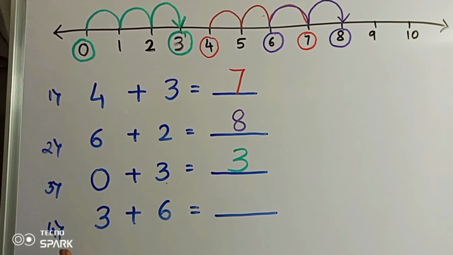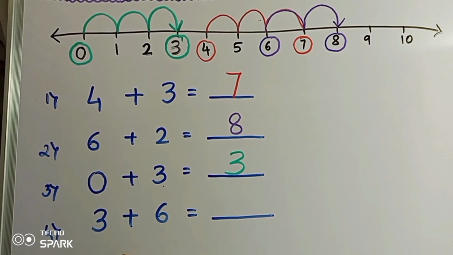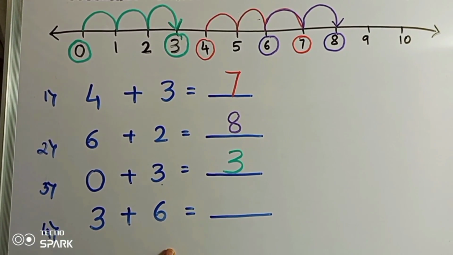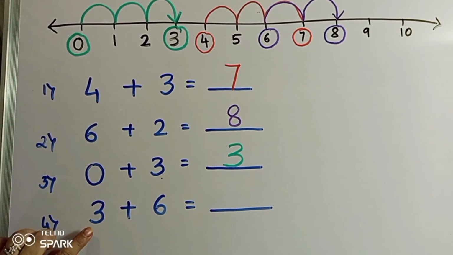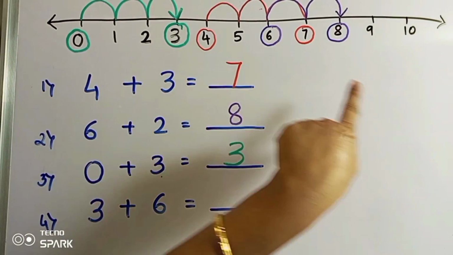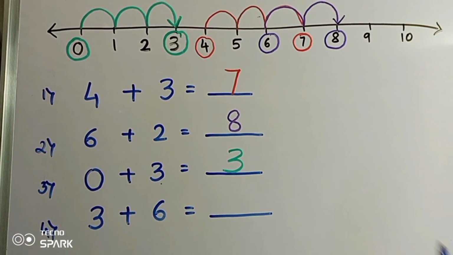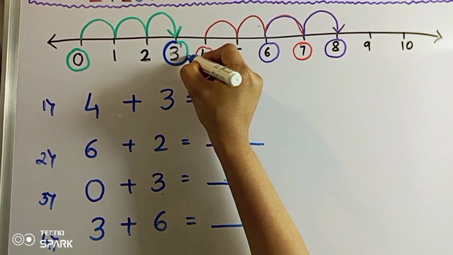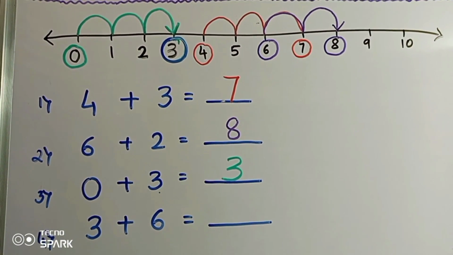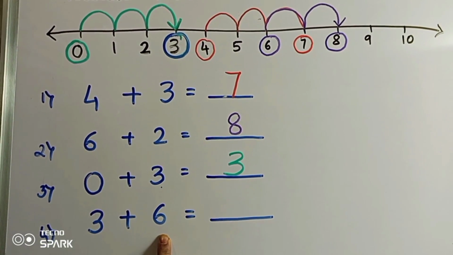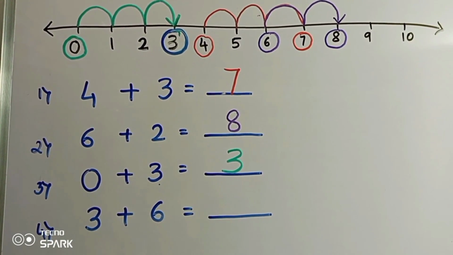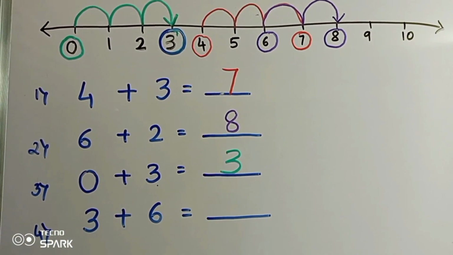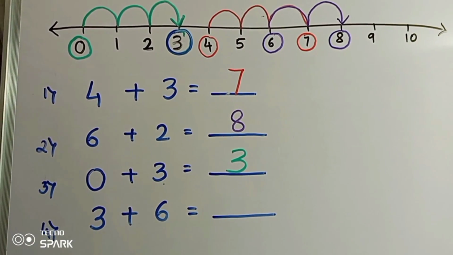Okay. So, the next example given here is 3 plus 6. So, we basically need to find the sum of 3 and 6. So, the first number is 3. So, ask children to find number 3 on the number line. So, here is number 3. Okay. And then second number is 6. So, we will ask children to take 6 jumps or move 6 steps in the forward direction.